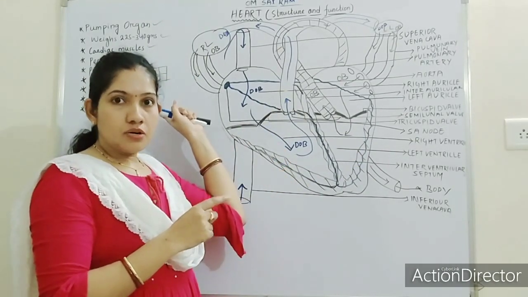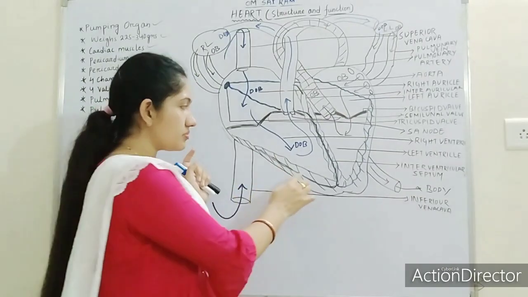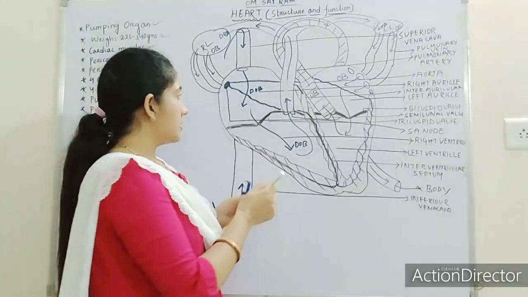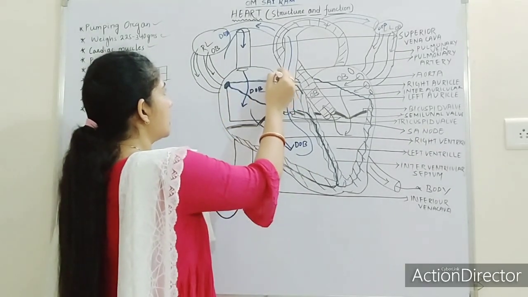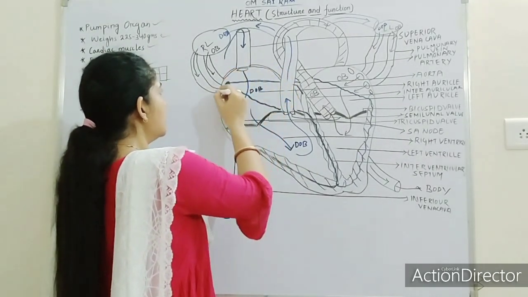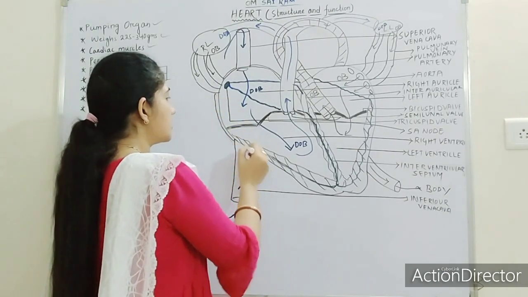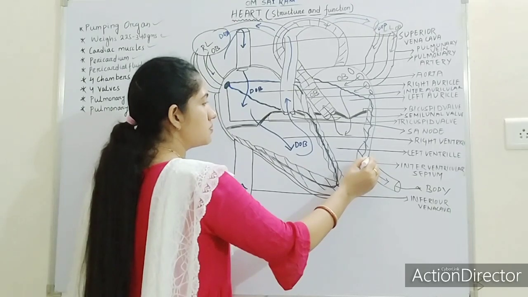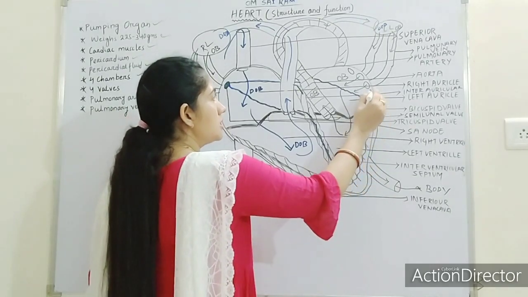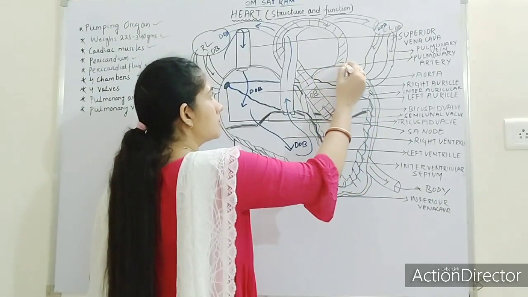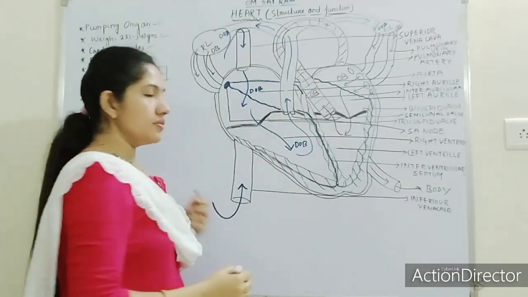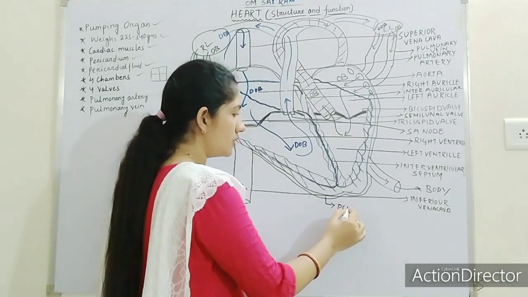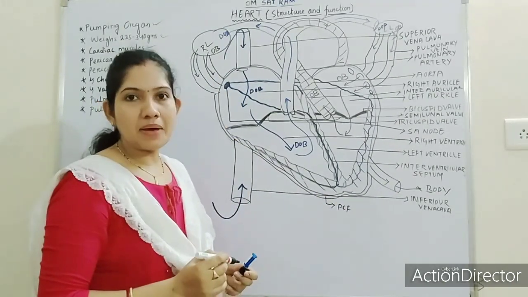I said while we started the topic that the heart has a double layer covering, known as the pericardium, and in between the covering there is a fluid known as pericardial fluid. This is the pericardial fluid present between the pericardium.